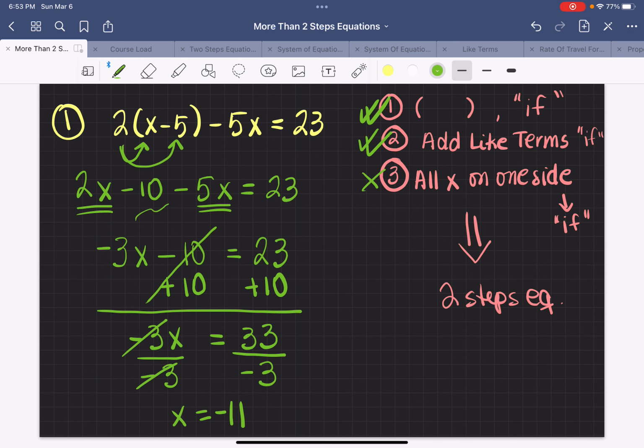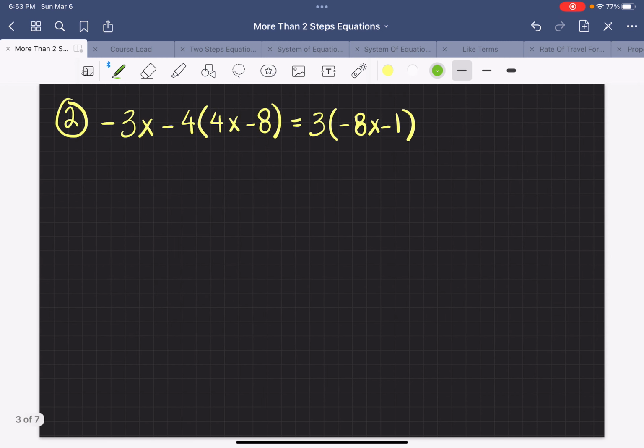Let's go to the next example. I have an equation here. It's a little bit longer equation, but anyway, I will use the same exact steps. So, first step, solve parentheses, if you have any. Step 2, add like terms, if you have any like terms to add.